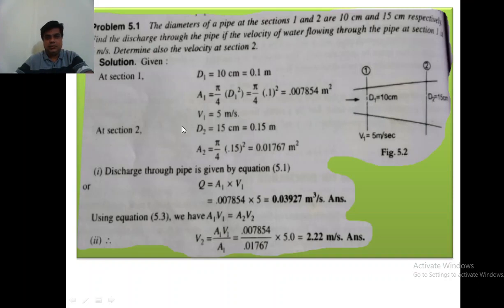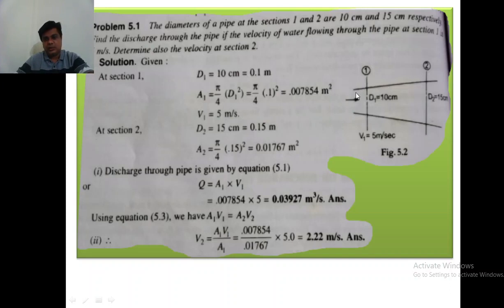So using this equation we can find out. Velocity is given, diameters are given, that is area is given, you can calculate. Here area A1 is given, A2 we can calculate, velocity 1 is given, we have to calculate V2. It's a direct formula, this continuity equation you apply. So Q1 is equal to Q2, that is A1 V1 is equal to A2 V2.